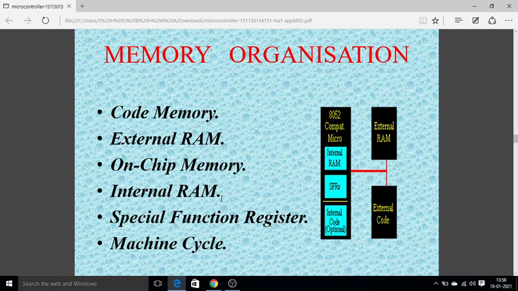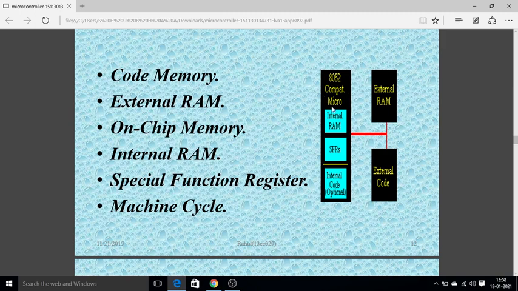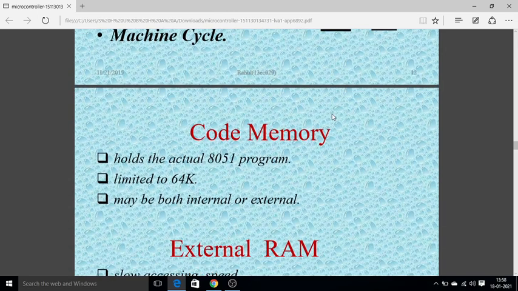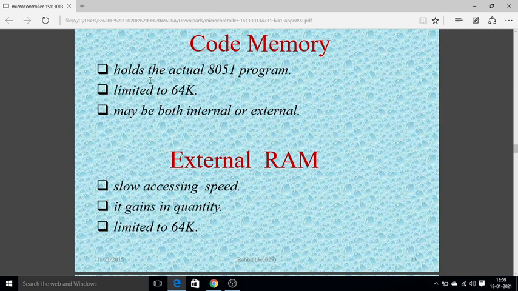The internal RAM size is about 128 bytes, and it is used for the special function registers, the SFRs. The internal code memory is about 4 kilobytes, and the external code memory is 60 kilobytes, so the total is 64 kilobytes. The internal RAM is 128 bytes and the external RAM is also 128 bytes.